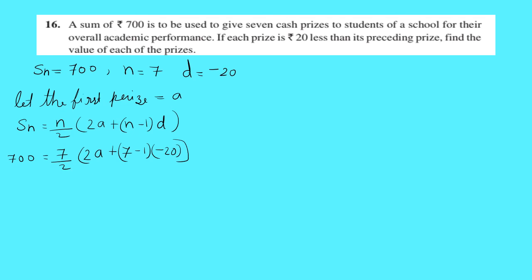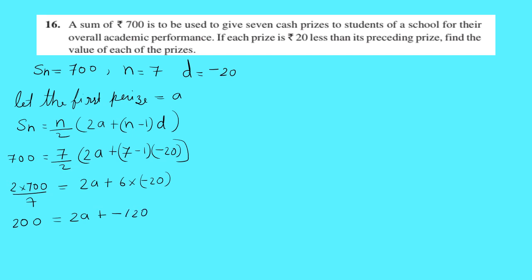That is, 2 multiplied by 700 upon 7 equal to 2a plus 6 multiplied by minus 20. That is, 7 goes in 700 100 times. So here you are getting 200 equal to 2a plus minus 120.